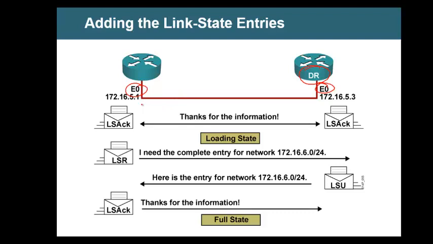So there will be a master. The one with the highest IP address will be considered the master. The lowest will say we are slaves. And the master will do the exchange of DBD, followed by the slave. And this master-slave relationship will be only till they send the acknowledgement.